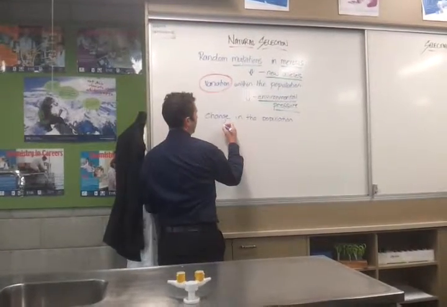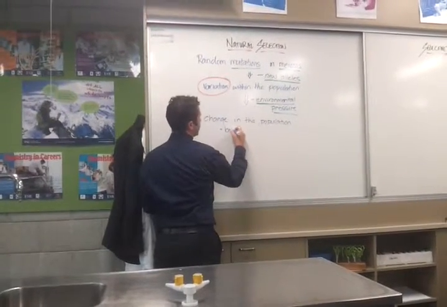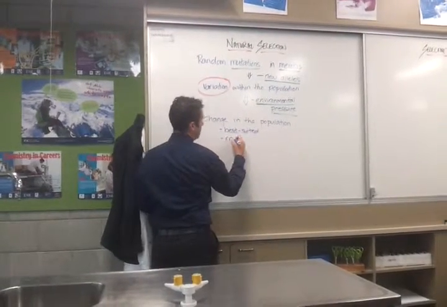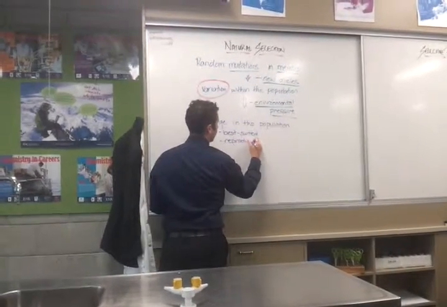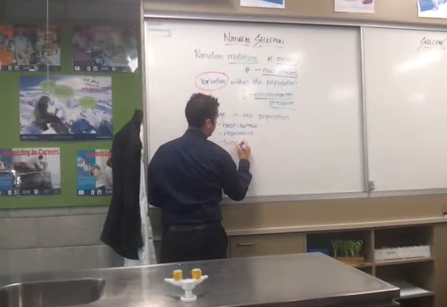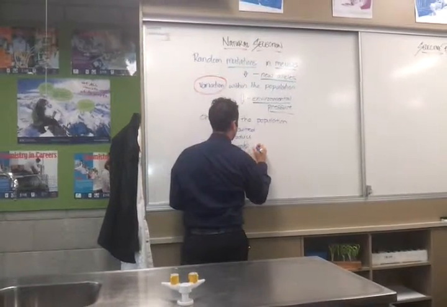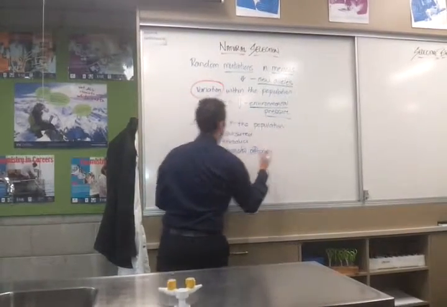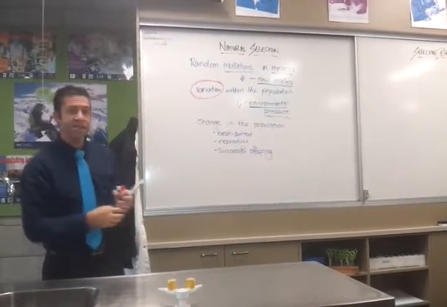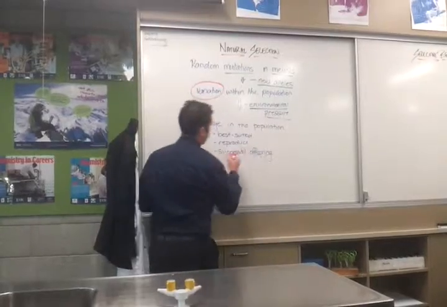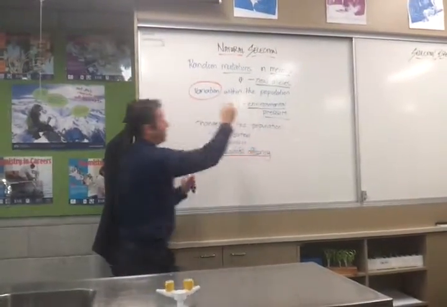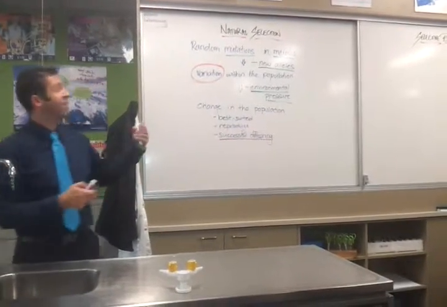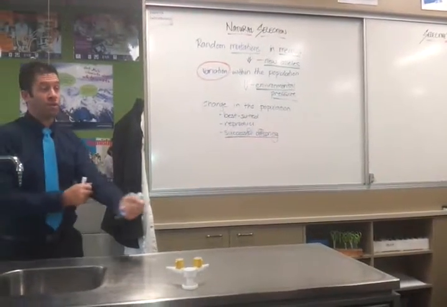So the key ideas there were ones that are best suited are able to reproduce and have successful offspring. And it's this having successful offspring for that environmental pressure, to survive that environmental pressure, that leads to this thing we call natural selection.